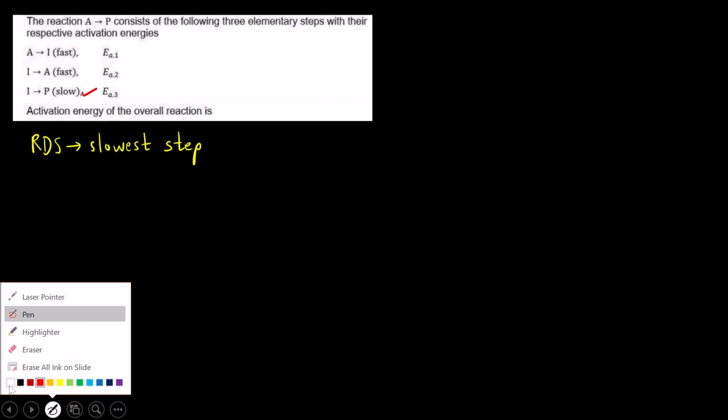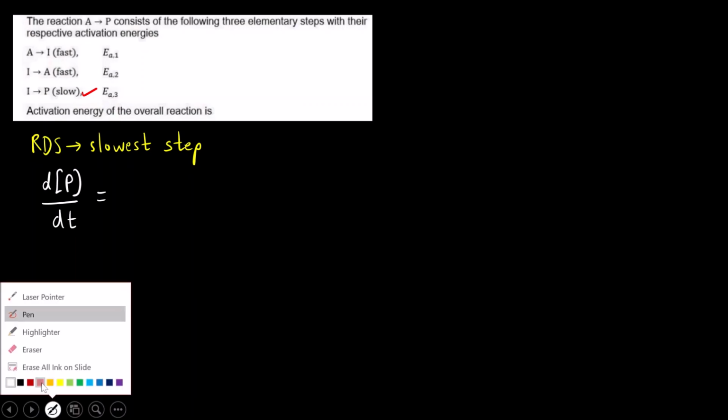So we'll write down the rate equation for the third equation, that is the rate of formation of product P, dP by dt. Let us first assign some rate constants for all these three equations. A getting converted to intermediate I, let's say the rate constant is K1.